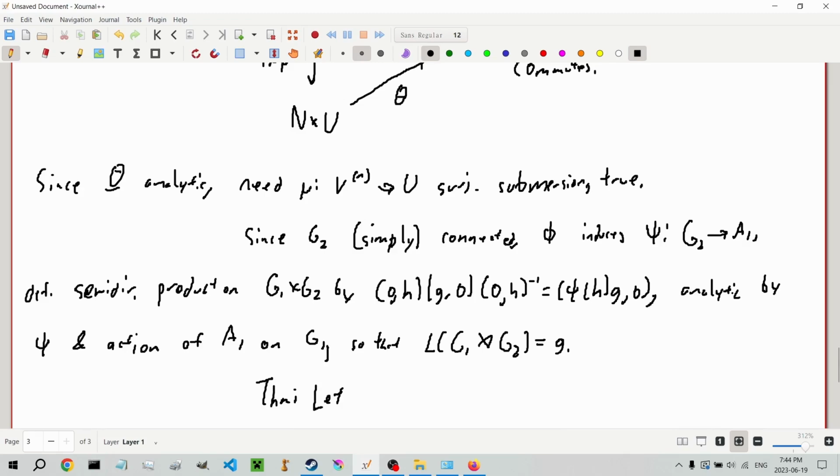We're going to let G be a both connected and simply connected Lie group.